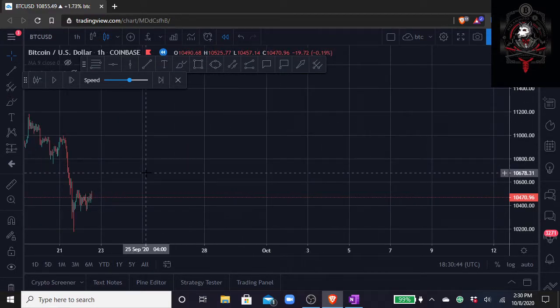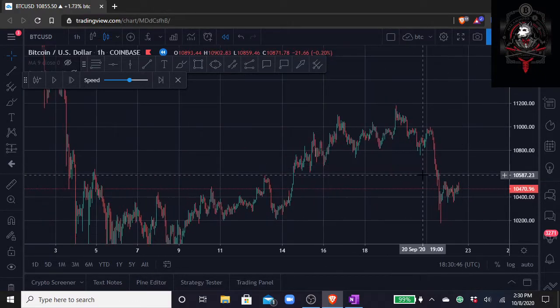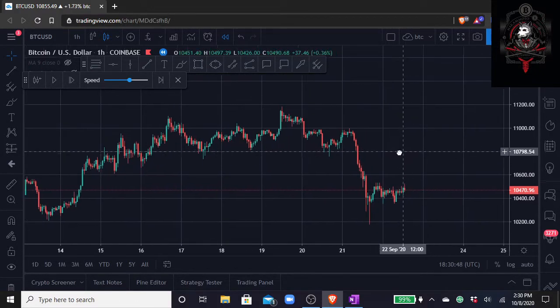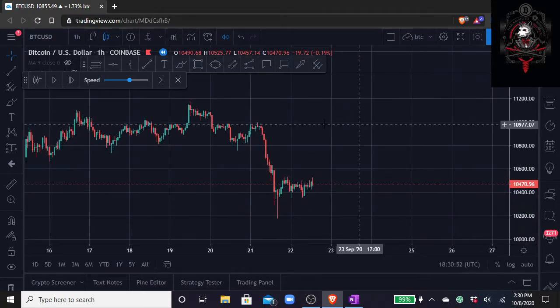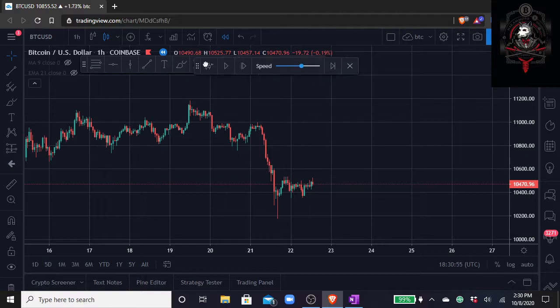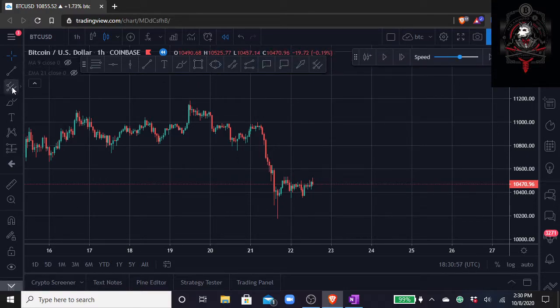So I'm going to spread this out a little bit here, try to make it so you guys can see. So we're going to start off with the regular pitchfork. Over here, click the pitchfork.